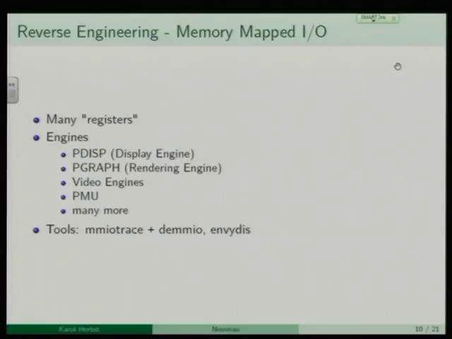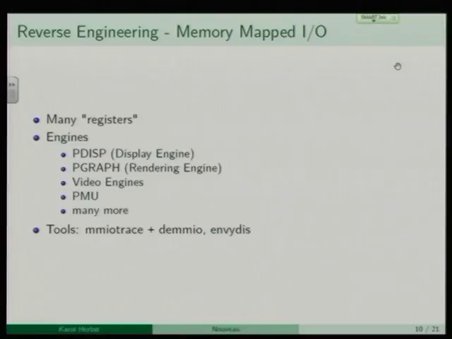So it's a nice way to work with hardware, and you use offsets and write values or read values somewhere. The actual parts of the GPU are mapped into this big range of memory mapped I/O region. I will show you later what it looks like if we do reverse engineering on this area of the GPU.